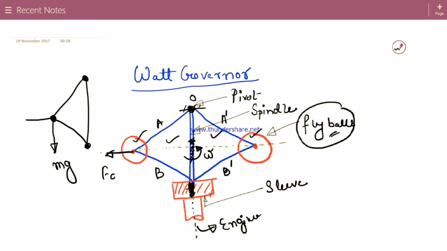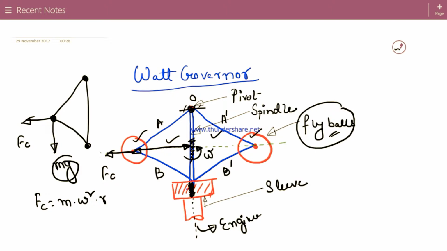So Fc is nothing but m omega square r, where omega is the angular velocity of the spindle and of the fly balls, m is the mass of the fly balls, and r is this distance.